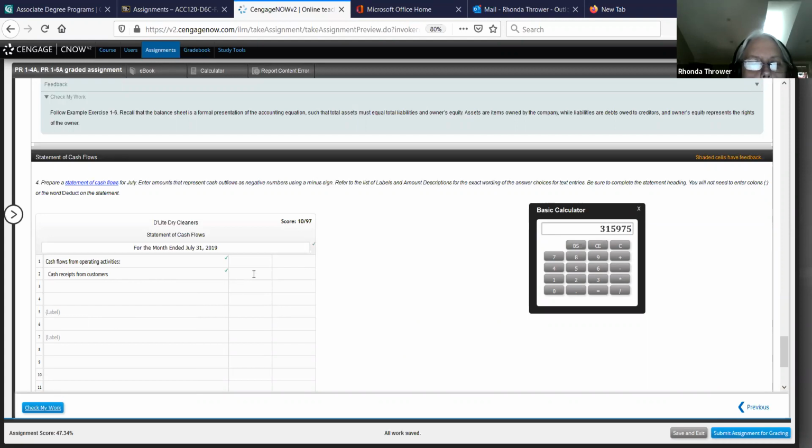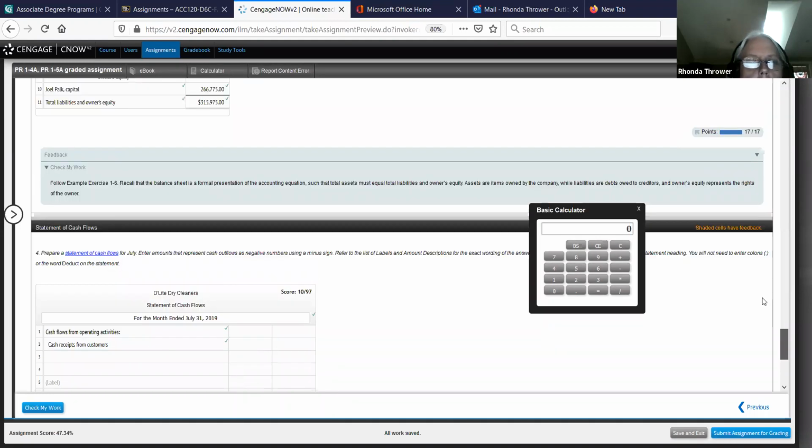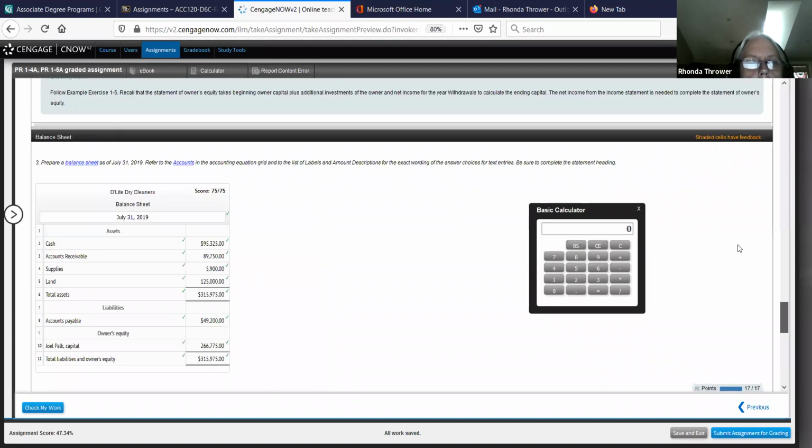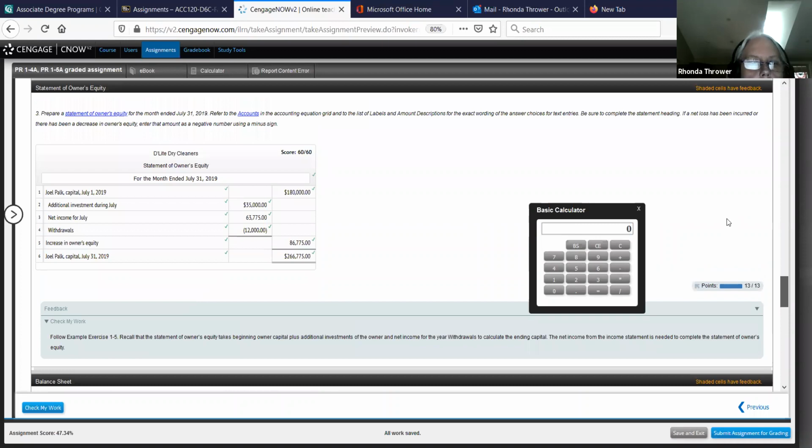And what I'm going to do is click on this amount right here, and I'm going to fill this in. But I can't tell how much I've received from my customers until I look and analyze my cash account. So I'm going to scroll up to the top to look at my cash account.